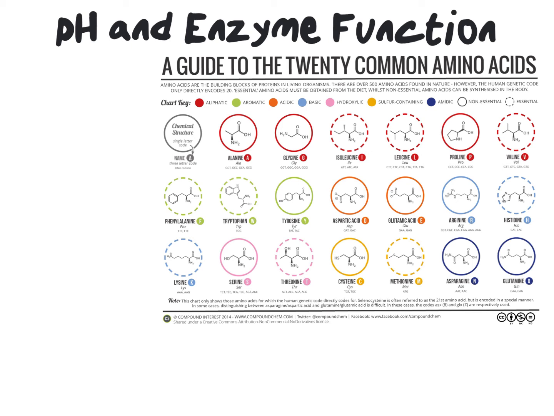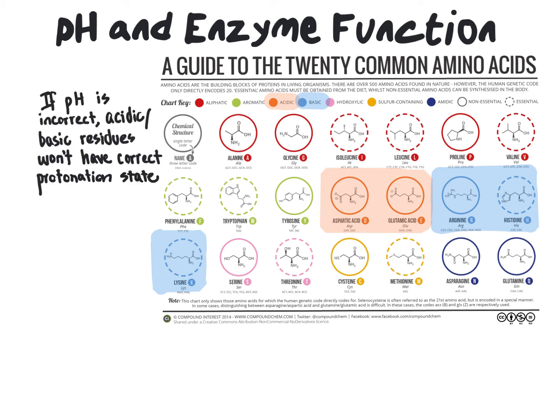We can recognize those with the orange circles on this chart and also with the blue circles representing the basic residues. In cases where these particular amino acids are present at the active site of the enzyme and responsible for binding to the substrate, if the environment of the enzyme is too acidic or too basic, the protonation state of these particular residues will be impacted, meaning that they will either lose or gain a proton depending upon whether they are acidic or basic.